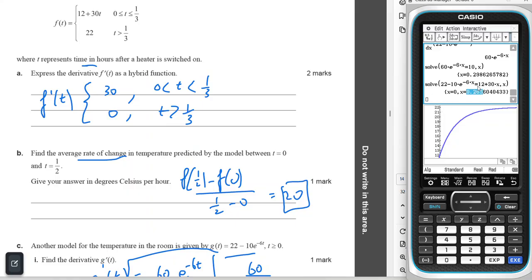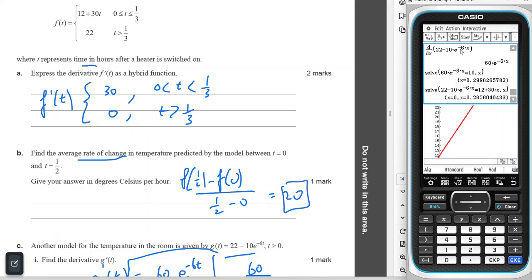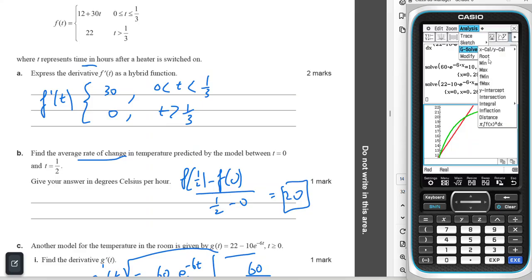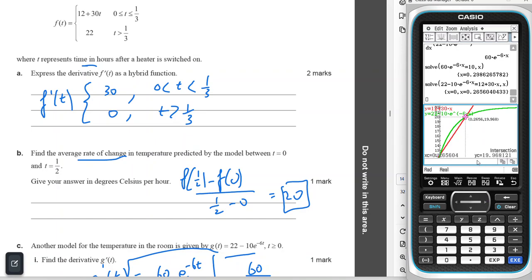So if I was to graph this one, and this one, I do get an intersection point. G-Solve intersection, that's at 0, and if I jump across, that is at 0.265, which is less than 1/3, so that's correct.